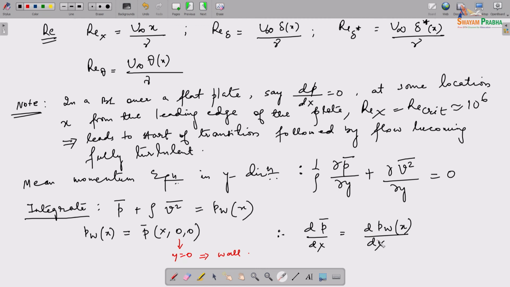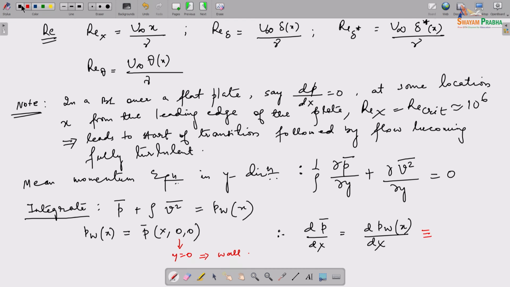What this essentially is telling you is that the mean axial pressure gradient is essentially the axial pressure gradient of the wall pressure, isn't it?